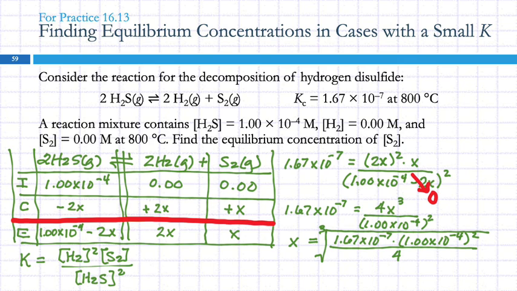And you're thinking, oh, this looks like we might as well just use a solver on the whole thing anyway. Yeah, sometimes they're like that. 1.67 E minus 7 times 1 E minus 4 squared divided by 4.